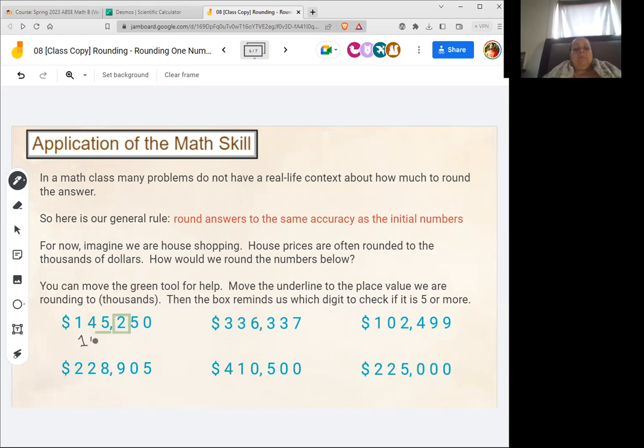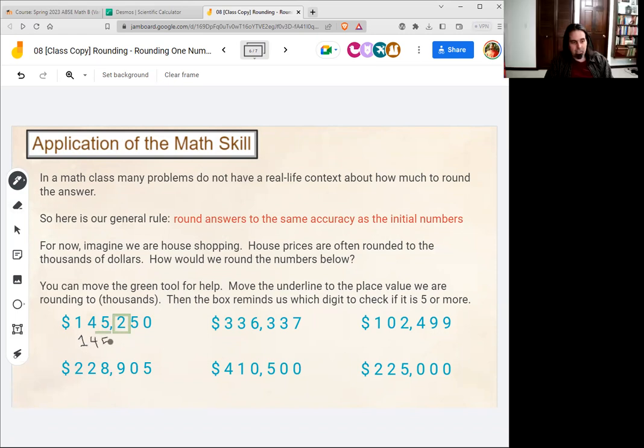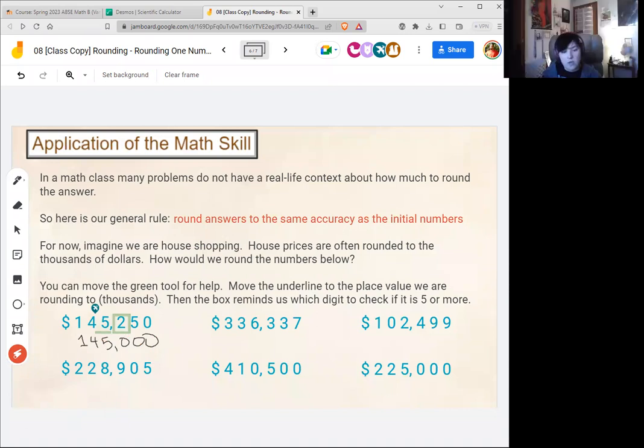Yeah, the 2 is a small thing. It goes to the basket that's like 0. So when the 2 disappears, we don't have to do anything to compensate for that. All of these numbers we can just change to 0, and the price is closer to 145 than it would be to 146. Okay, I gotcha.